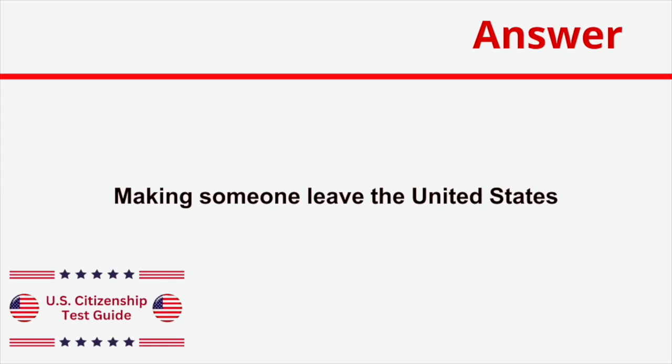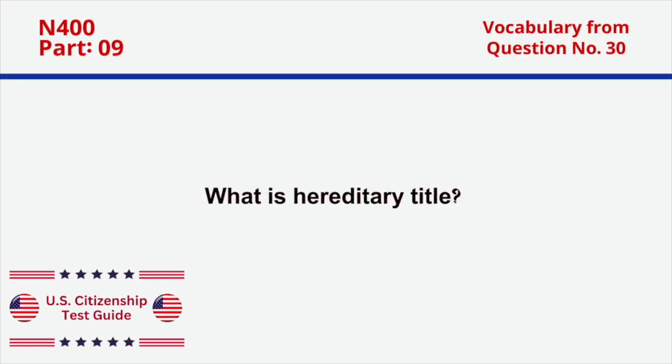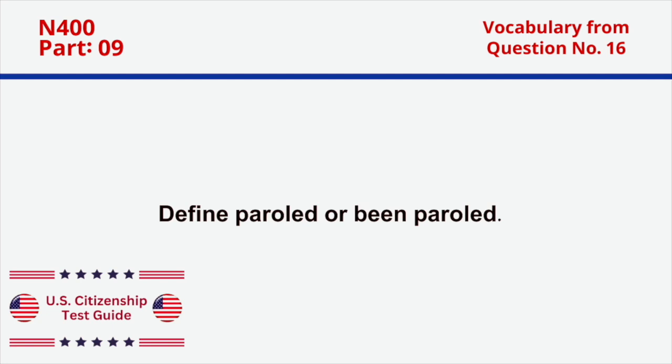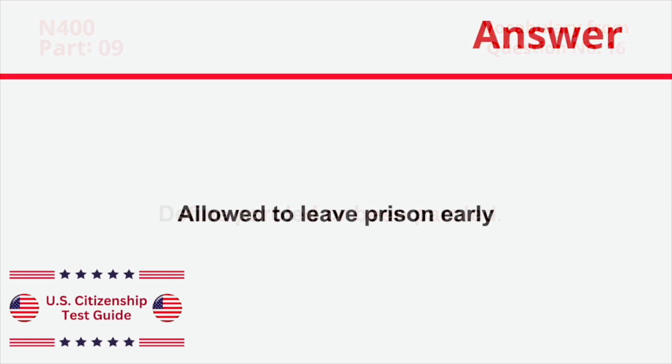Making someone leave the US. What is hereditary title? A royal title, such as a prince or princess. Define paroled or been paroled. Allowed to leave prison early.